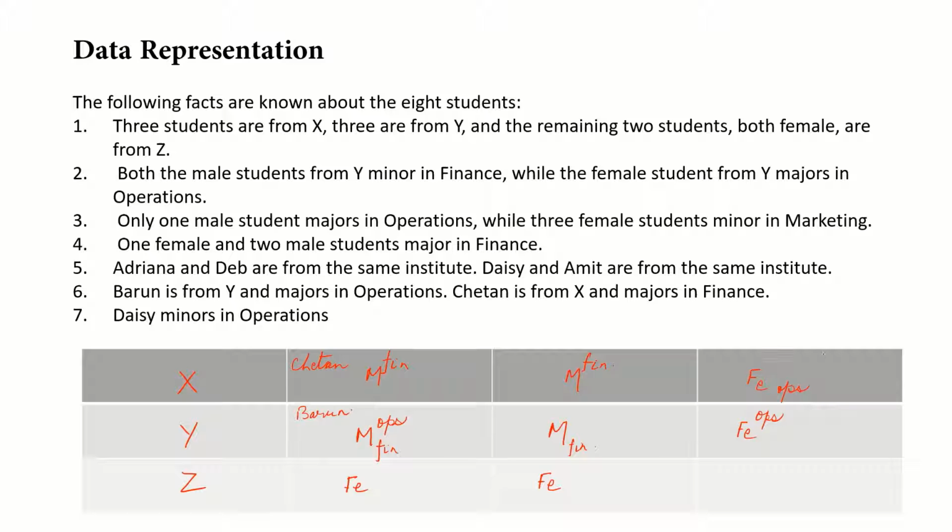So this is Daisy here for us. If this is Daisy, this happens to be Amit. If this is Amit, this happens to be Adriana and Deb. So this is Adriana. This, on the other hand, would be Deb.